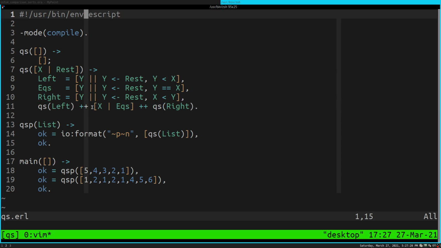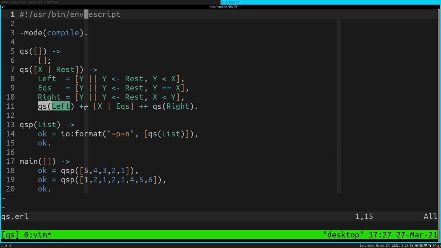It quicksorts the left, plus everything that's equal to me, plus quicksort of everything to the right of me. So if you get a non-empty list, you pick out everything that's to the left of the first element, everything that's to the right of the first element, sort everything to the left, sort everything to the right, and then everything that's equal to the first element, and then you just put those in order.